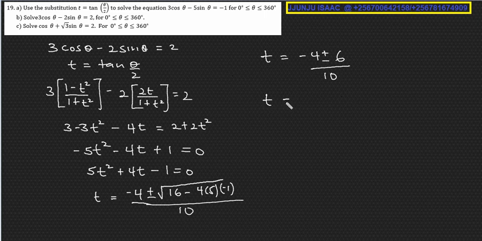So the first t is going to be negative 4 plus 6, which is 2 over 10, which is 1 over 5. The second t is negative 10 over 10, so we get negative 1.